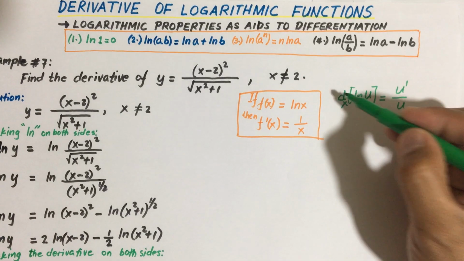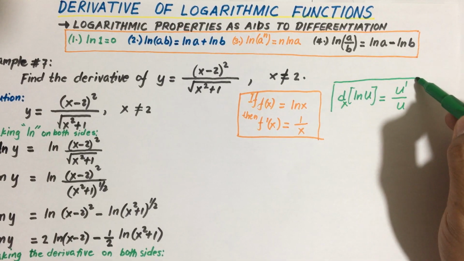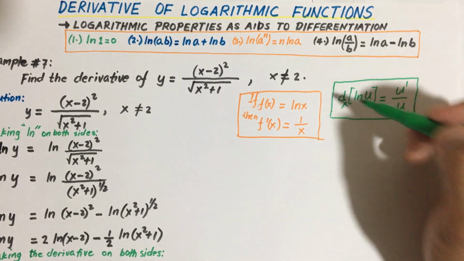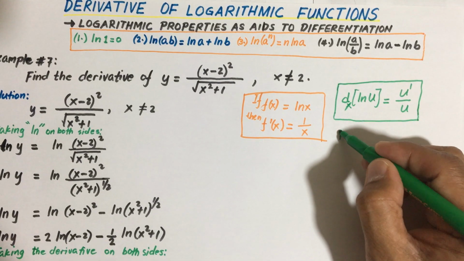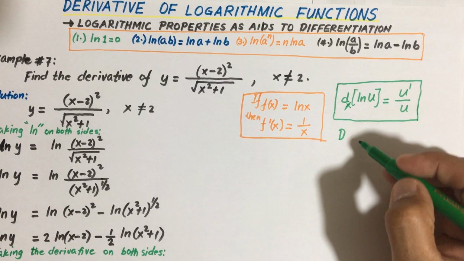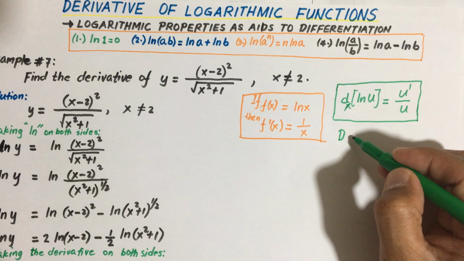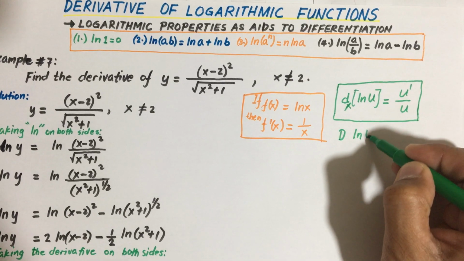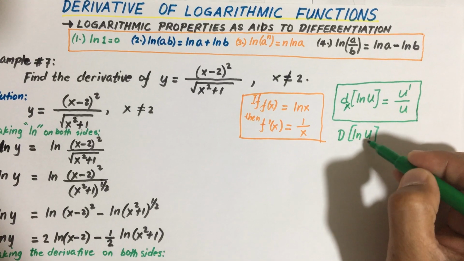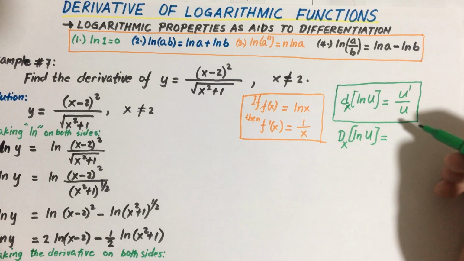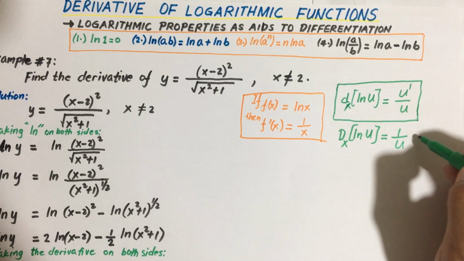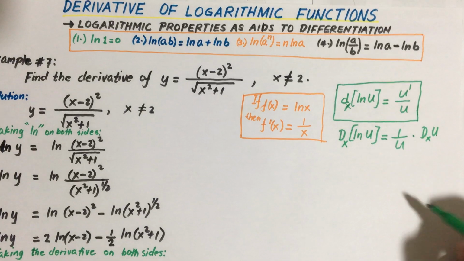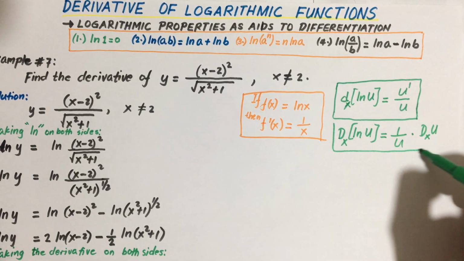So take note, class, I forgot to emphasize this in our last example. This is just the same as in our other example, I think example number 5: the derivative of ln u with respect to x is 1 over u, times the derivative of u with respect to x. So actually, class, they are just the same.